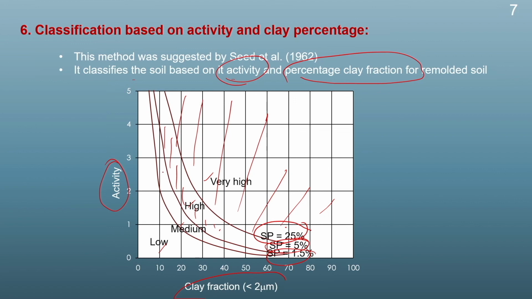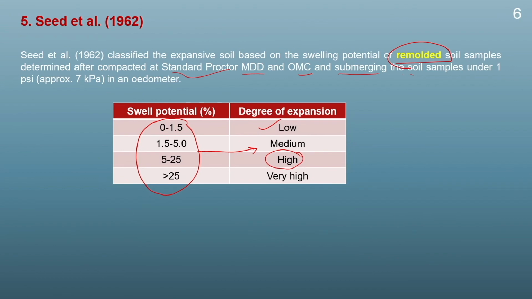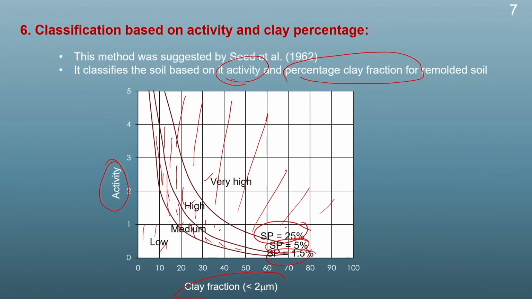If the swelling potential comes in between 5 to 1.5%, the soil will fall in this zone and the soil can be termed as medium swelling soil. If it is less than 1.5%, then the soil will be very low swelling soil. This method is based on the previous method, whose results were used to determine the classification based on activity and clay fraction.